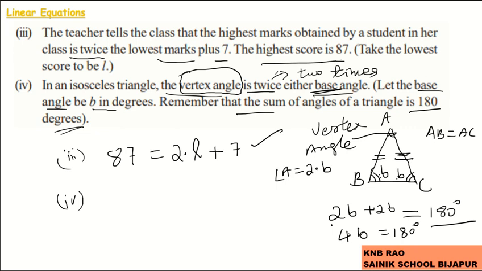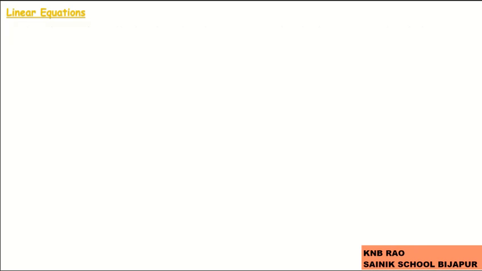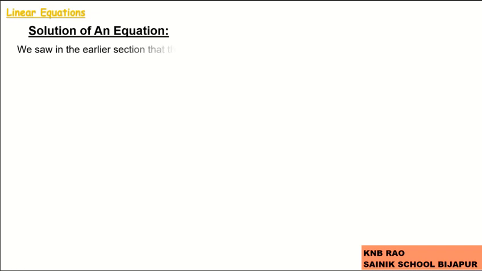So, we have got an equation 4B equals 180 degrees as the equation for the fourth question. Now, students, what is the solution of an equation? We have already seen the solution of an equation.